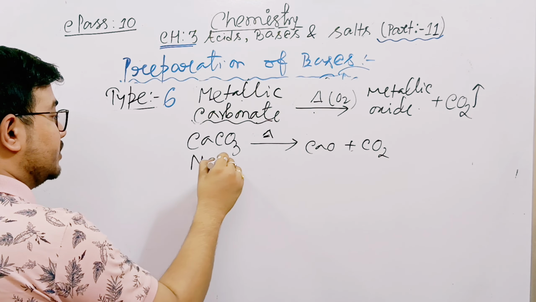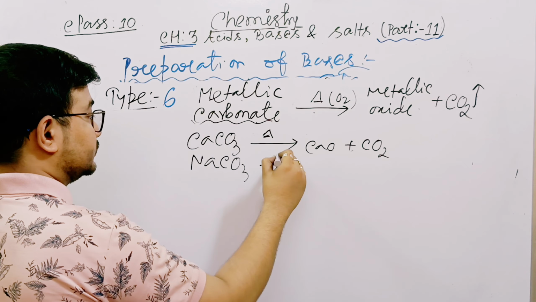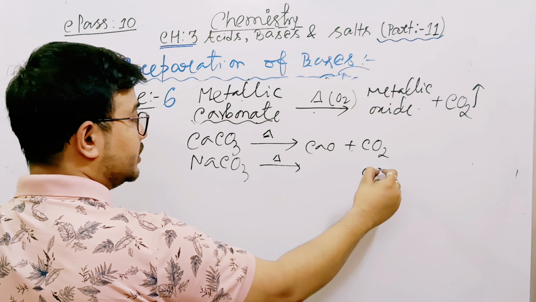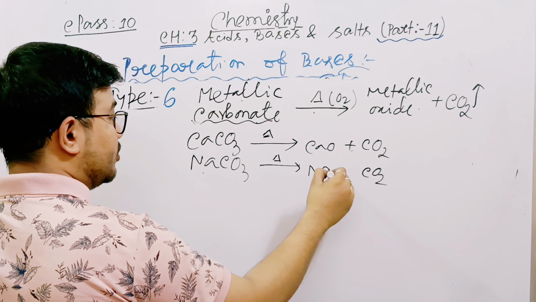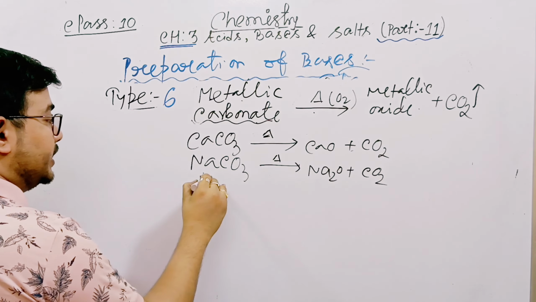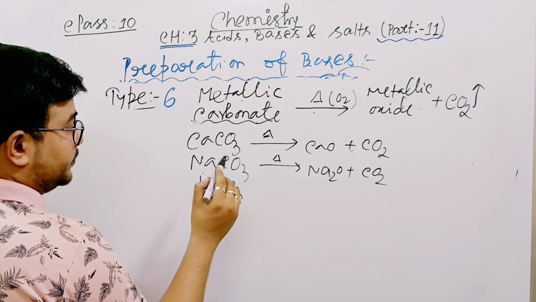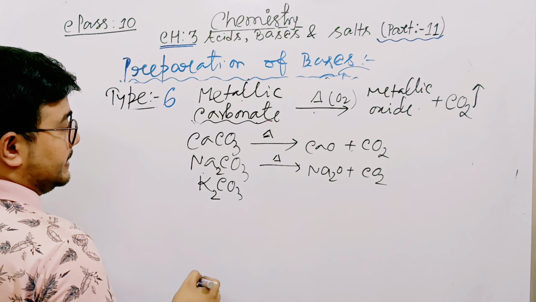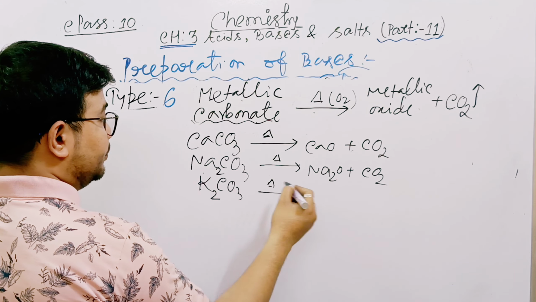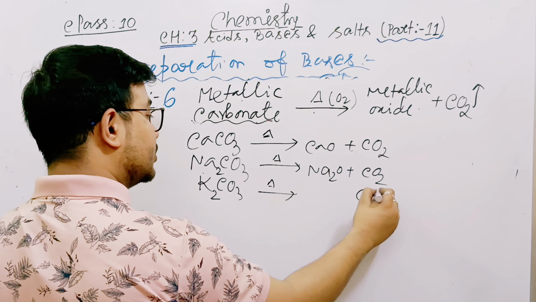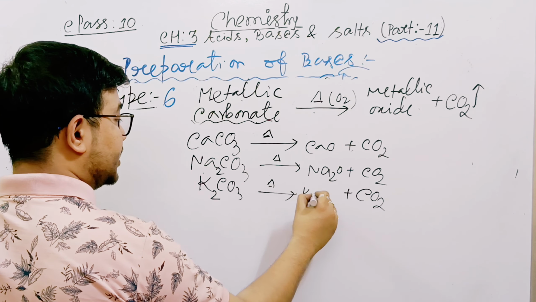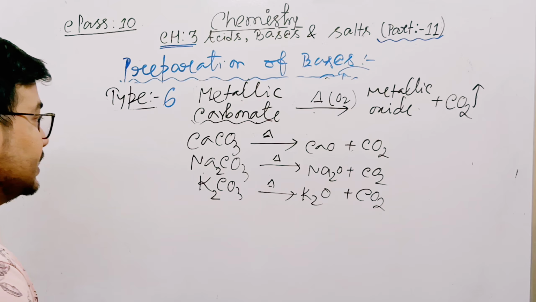If you take sodium carbonate, carbonate means carbon dioxide, sodium, so sodium oxide. If you take potassium carbonate, K2CO3, here Na2CO3, after heating it will produce CO2, carbonate means always carbon dioxide, plus potassium oxide. No, this is the answer.